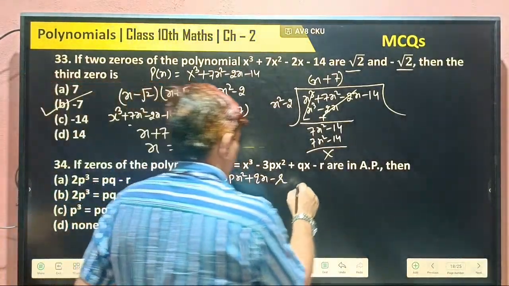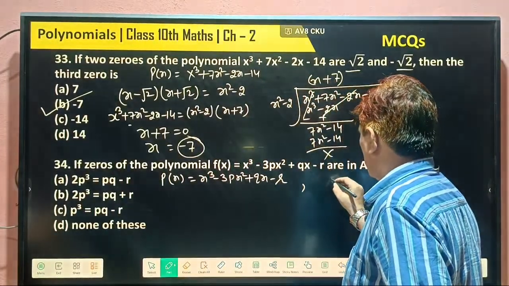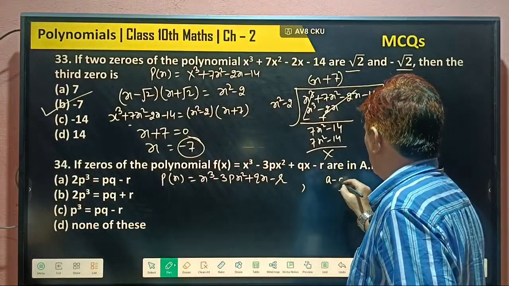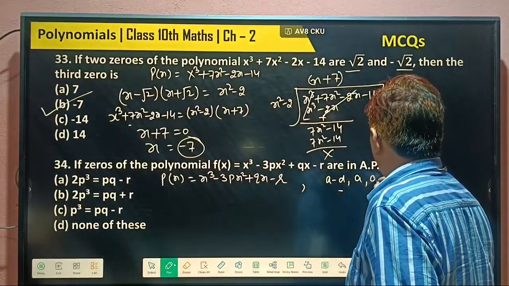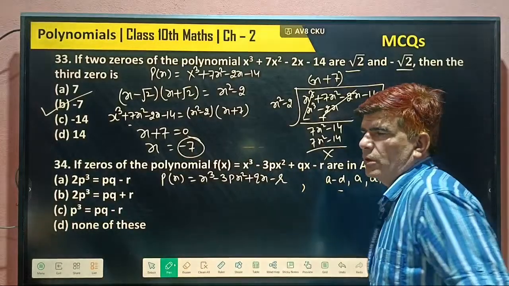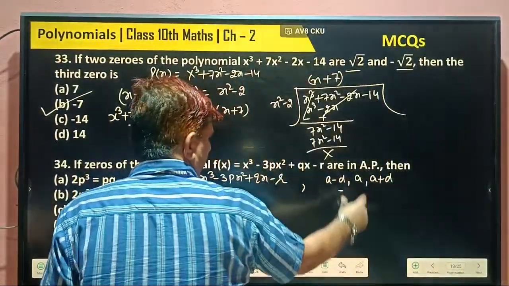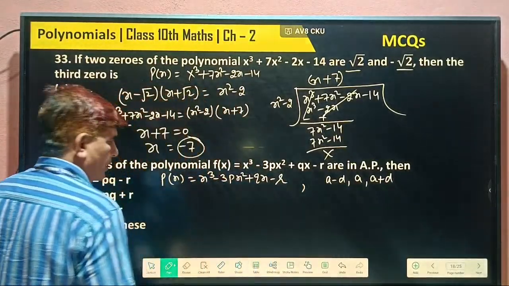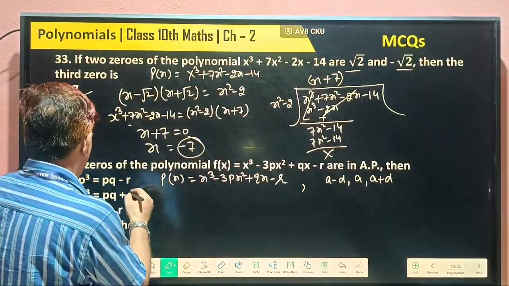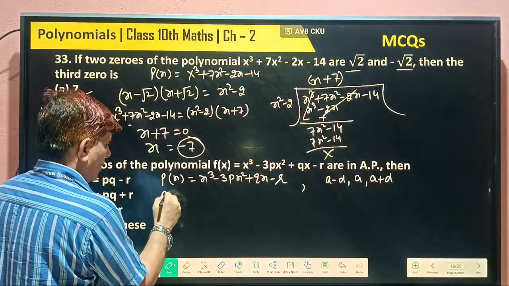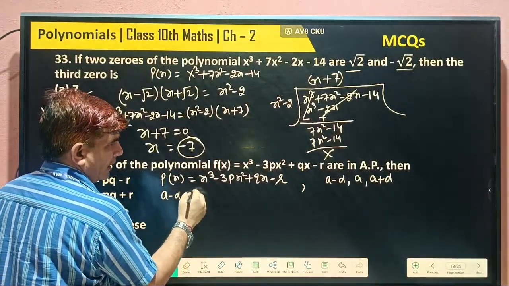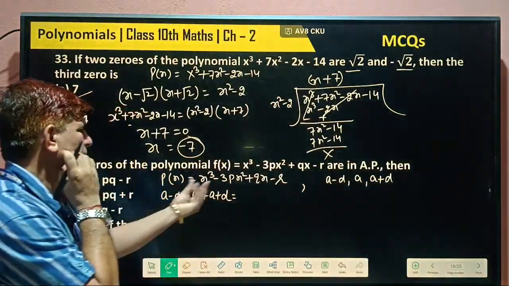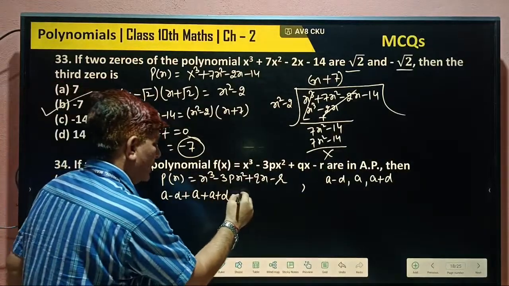We take its three zeros as a minus d, a and a plus d. Are they in AP? Yes, the common difference is the same. So first we find the sum of the zeros: a minus d plus a plus d is equal to minus b by a, which means 3p.